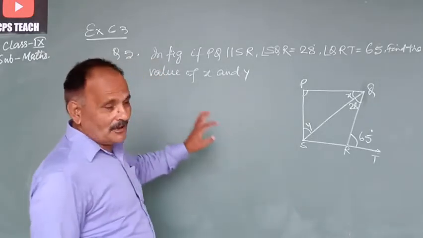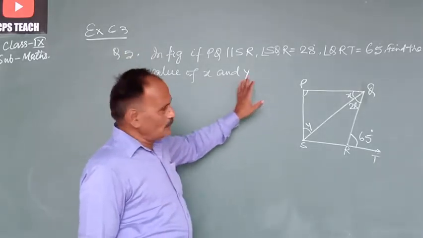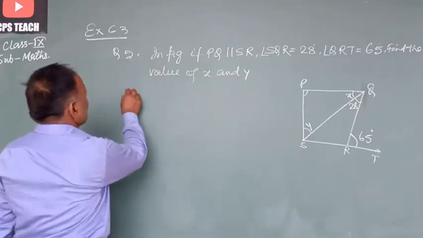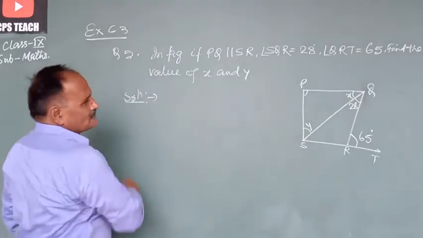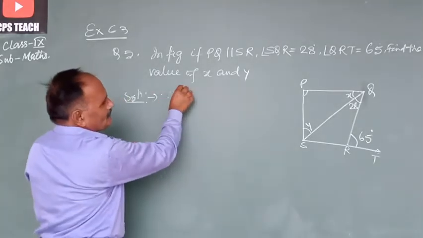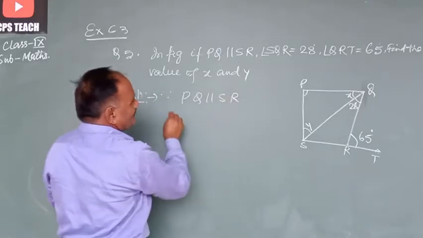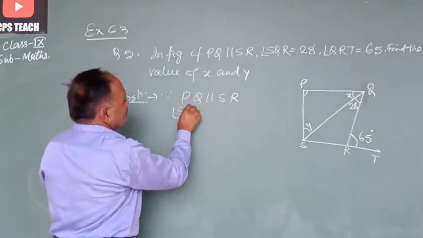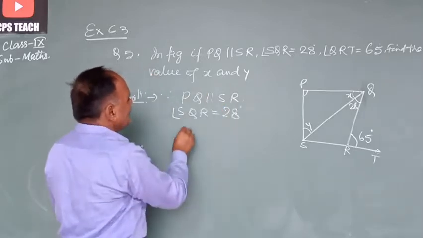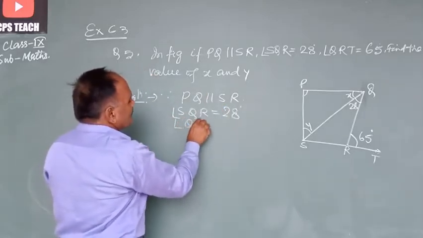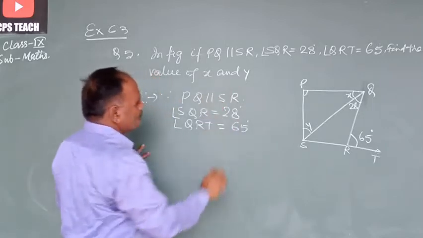To solve question number 5 of exercise 6.3. The question is on your blackboard. PQ is parallel to SR, angle SQR is given, this is 28 degrees, and angle QRT is equal to 65 degrees.